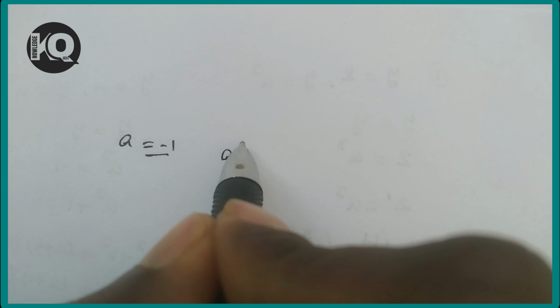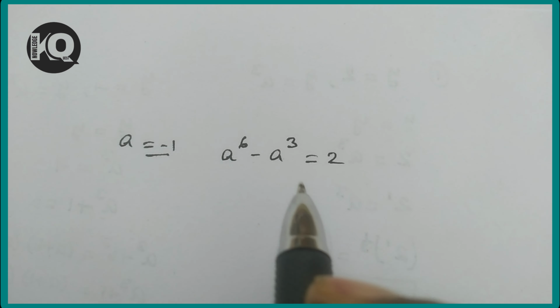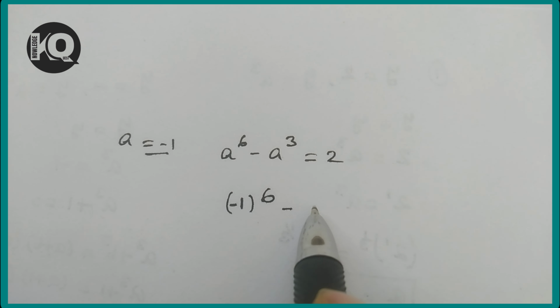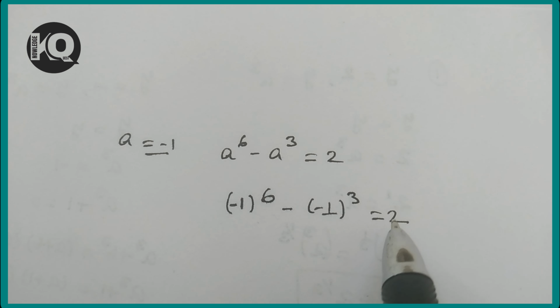Now a to the power of 6 minus a to the power of 3 is equal to 2. So minus 1 to the power of 6 minus minus 1 to the power of 3 should be equal to 2.